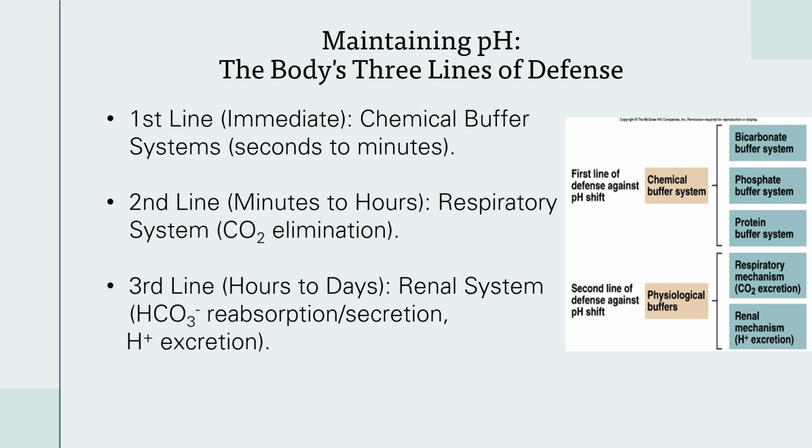And by the way, bicarbonate usually is involved in the extracellular fluid, in the blood. And then the phosphate is in the intracellular fluid. Any high concentration of hydrogen ion that brings acidity to the intracellular environment, the phosphate binds to hydrogen and soaks it up. And then it will eventually be excreted in the urine.